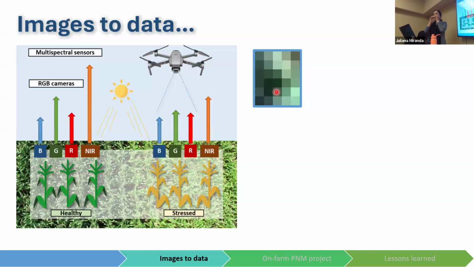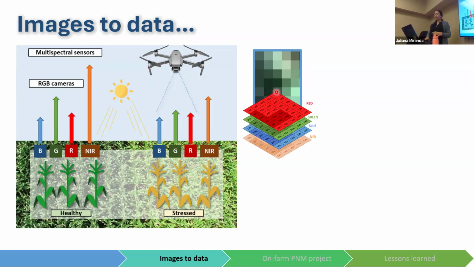So if you ever zoom in on a picture, we are going to see pixels, right? Each individual pixel is going to have those numbers that reflect this. It's not just one picture, you know. If you put that picture in a program, you're going to see what is for red, what is for green, what is for blue. And there are multispectral sensors or hyperspectral sensors that are going to give us more layers.